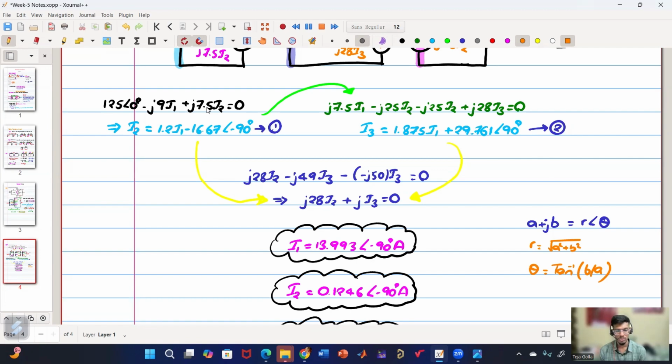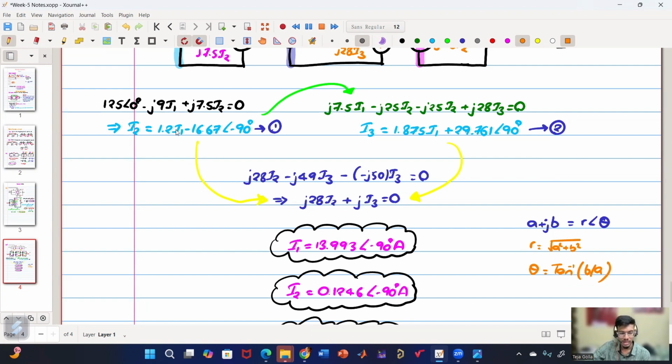Here I1 is there, I2 is there, so we can't subtract. No, I'm saying if I take this minus j7.5 I2 to the RHS and divide by minus j7.5, LHS and RHS will have I2. And the I1 coefficient will be minus j9 by minus j7.5, right?